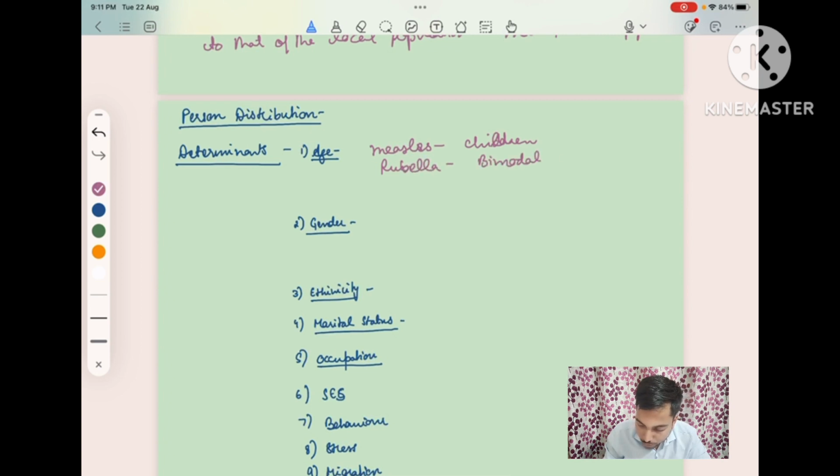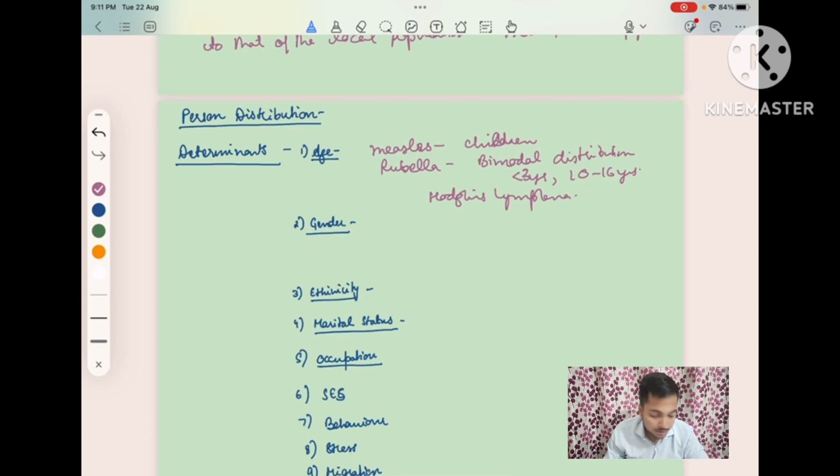It occurs in both populations: in less than 3 years of age, and at 10 to 16 years of age also. Similarly, you can get Hodgkin's lymphoma, which has a bimodal distribution.